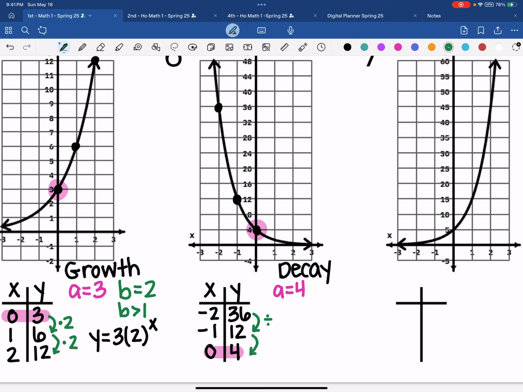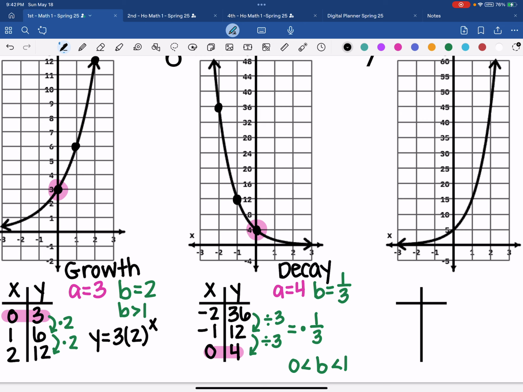Now again, my brain automatically sees that we're dividing by 3. So if I'm dividing by 3, we can't leave it as dividing by 3. That's the same thing as multiplying by the reciprocal, which is 1/3. So my base is 1/3. And I hope we can agree that the base is less than 1, but greater than 0, which does show decay.